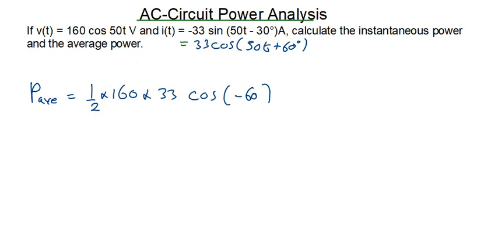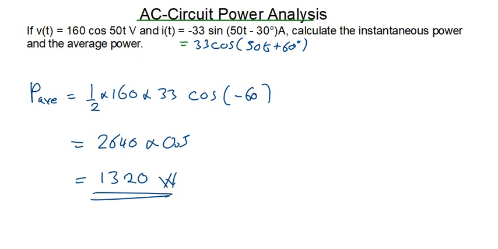So what do we have now? 160 by 33 divided by 2 gives us 2640. In this part we're going to get 0.5, which is 1 over 2. So I multiply by 0.5, and what I simply get is 1320 watts. That's what we get as our average power.